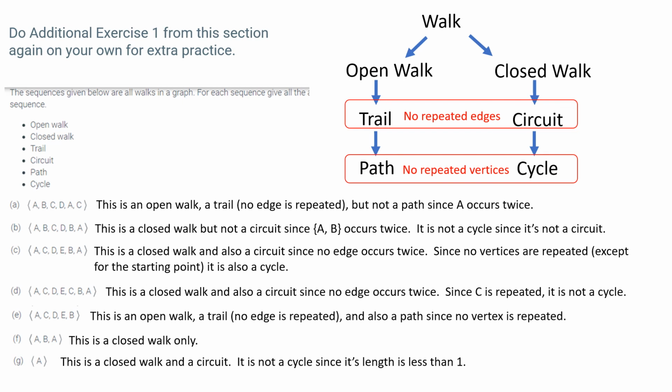And I'm going to go back and verify this because I didn't remember that. But anyway, I guess the circuit can be of length 0, but a cycle has to have a length of at least 1. So it can't be considered a cycle because its length is less than 1. So we'd say it's a closed walk and a circuit.